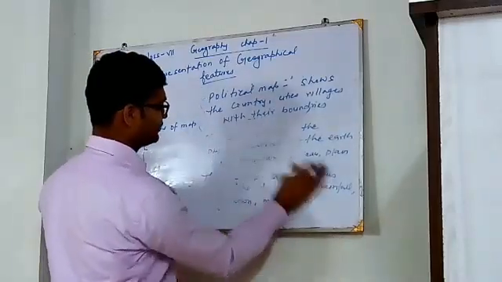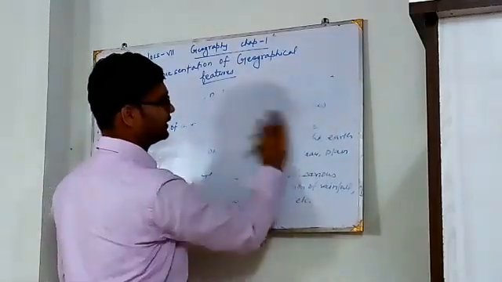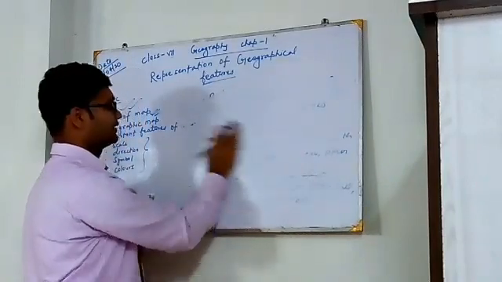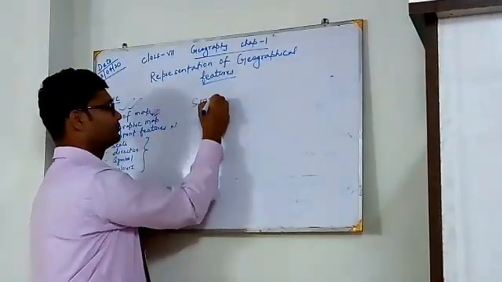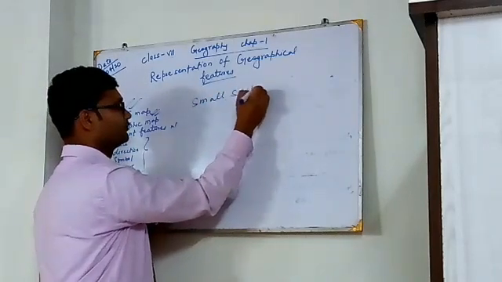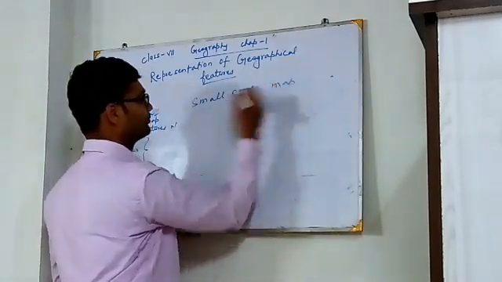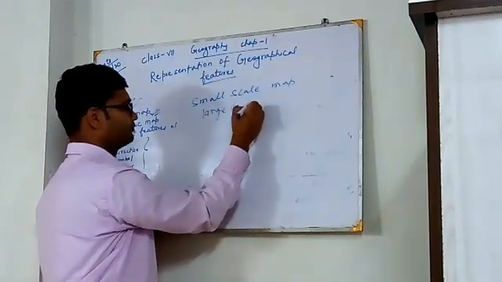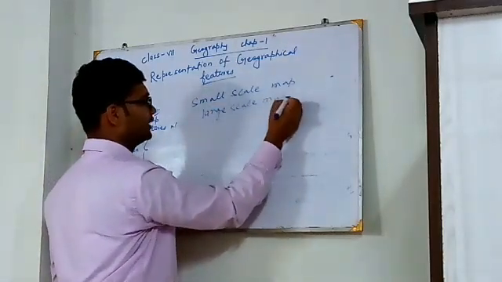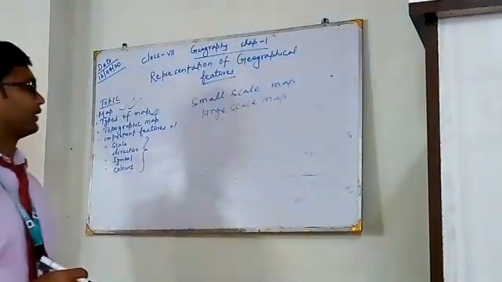According to the scale, the types of maps are two types: small scale map and large scale map.